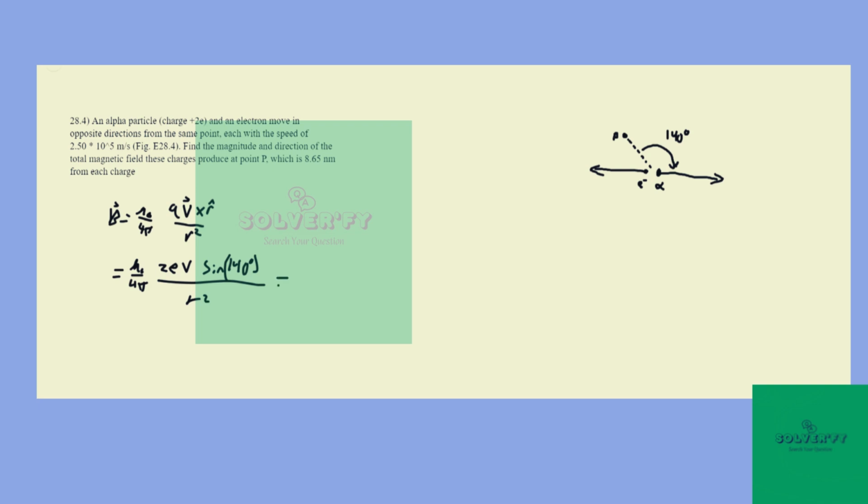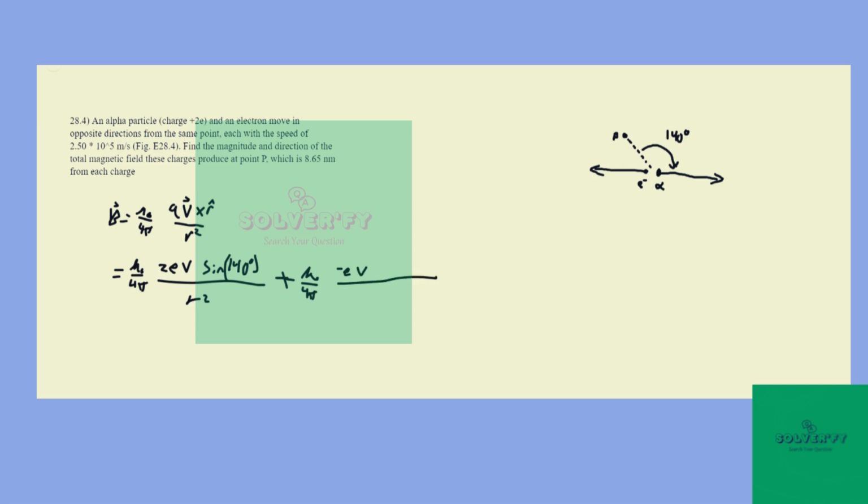Now we need to write down what the B field is for the electron and add them together. So that's mu naught over 4 pi. We just have negative e because the charge is negative. We have the same velocity.